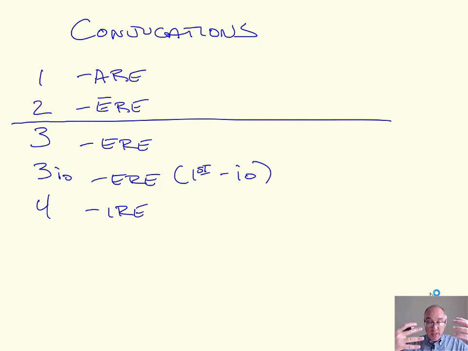And the words of the first and second conjugation have very different rules in some tenses from the third, third IO, and fourth. What do I mean by this? Amo, amare, amavi, amatum.